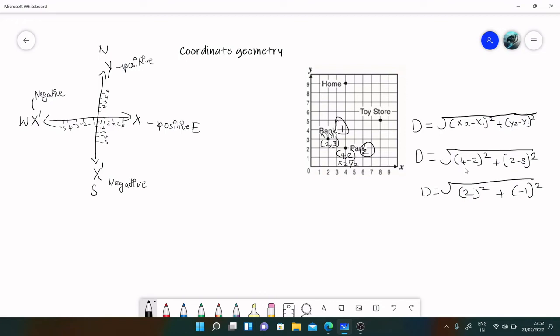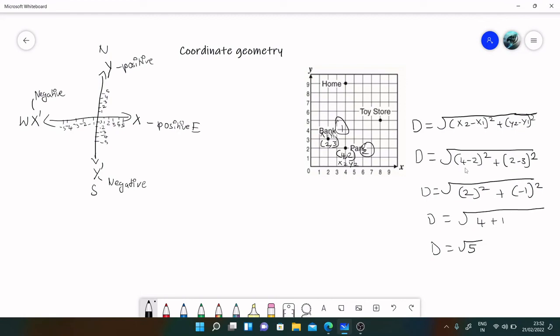That's your d. So d is 4 plus 1. So our d is square root 5. You don't have to go past this. You can leave it at square root 5 and that's accepted. But if you're being asked to give your answer in actual numbers instead of square root, you can do that, but it's fine if you give it as square root 5. It's accepted. So the distance between the park and the bank is square root 5.